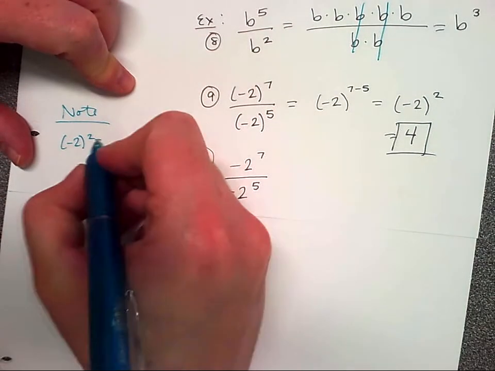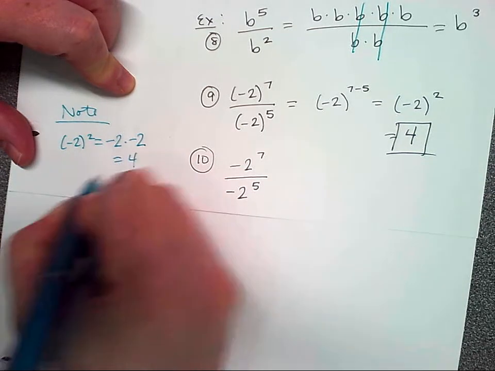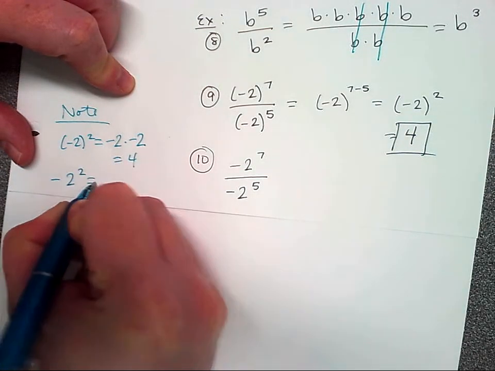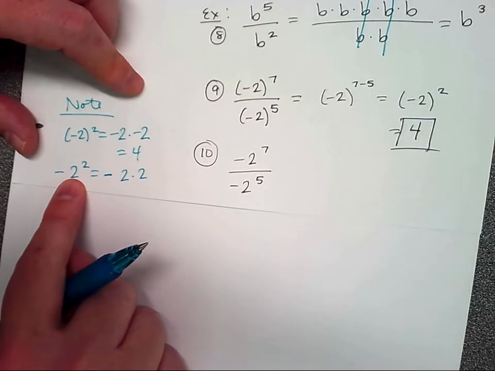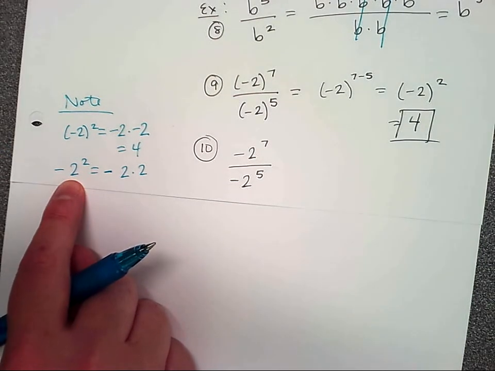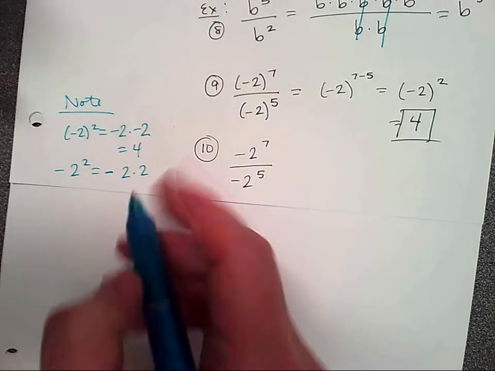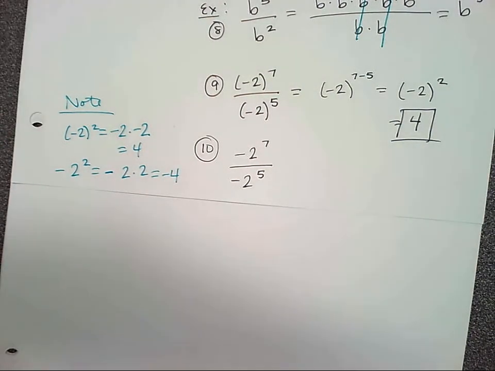So negative 2 squared is negative 2 times negative 2, which is 4. Negative 2 squared is negative, but the power is only touching the 2. So I have some negative out in front, and then it's 2 times 2. So this equals negative 4. Right? Super different.